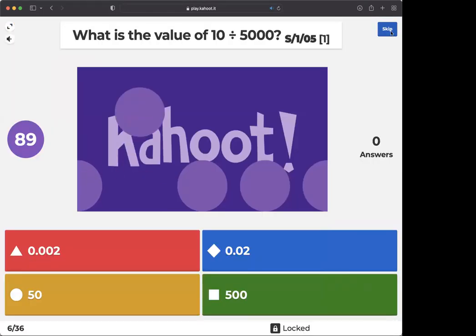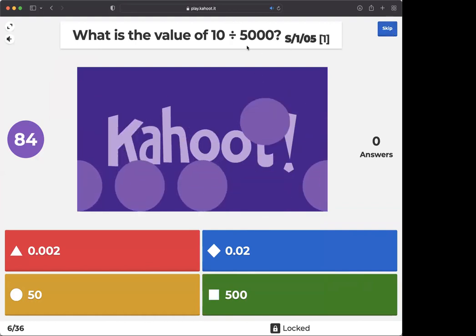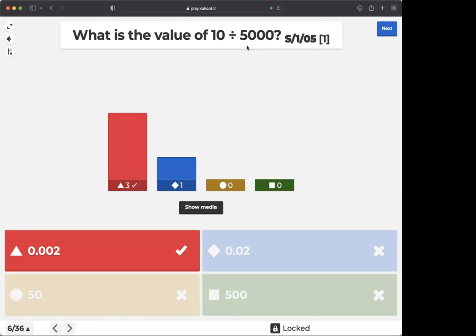Okay, without calculator, calculate this. Okay, three of you choose this, one of you choose this.